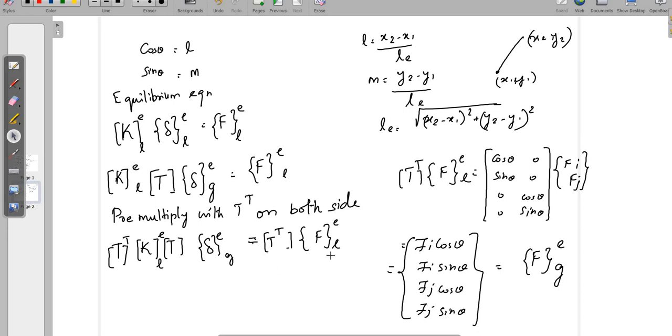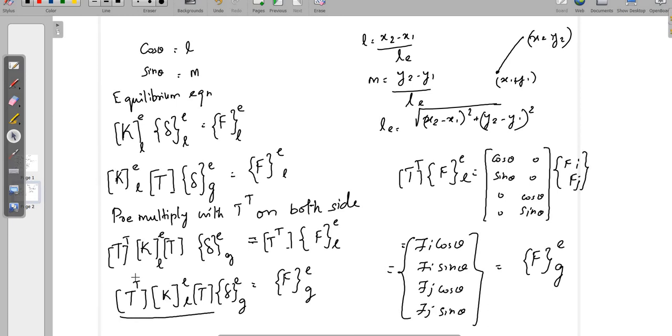So we can replace T transpose FEL with FE global. So T transpose KEL T delta EG is equal to FEG. Now look at this T transpose KT. It is in scalar form.